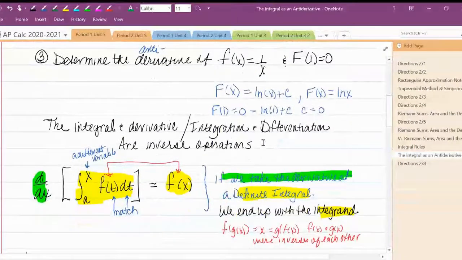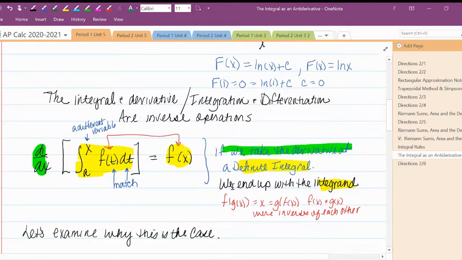And what we want to talk about today, big idea, is that integral and derivative, integration and differentiation, are inverse operations. So what we see here is if we take the derivative of a definite integral, we end up with the integrand.